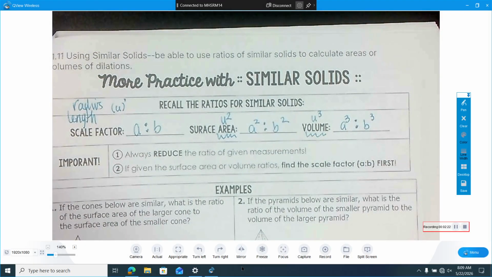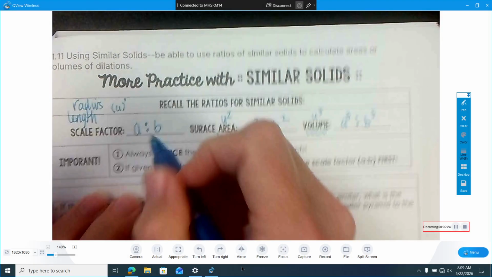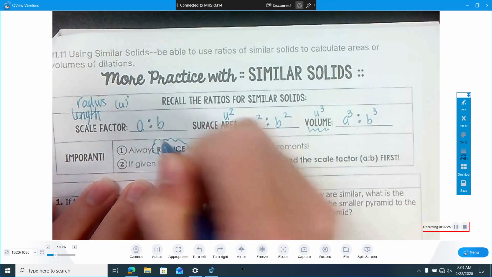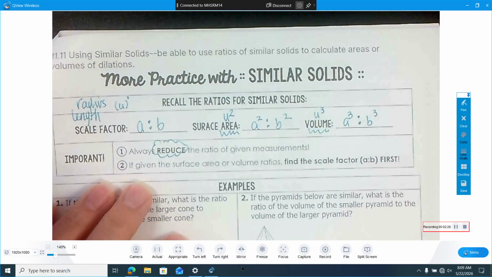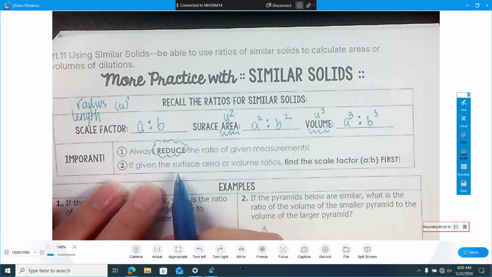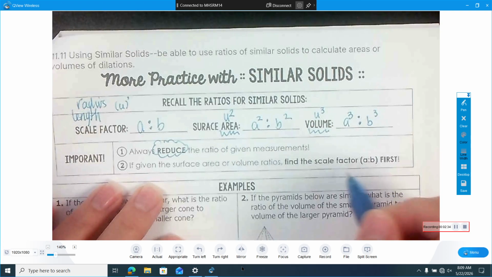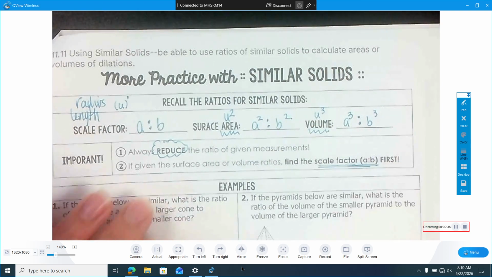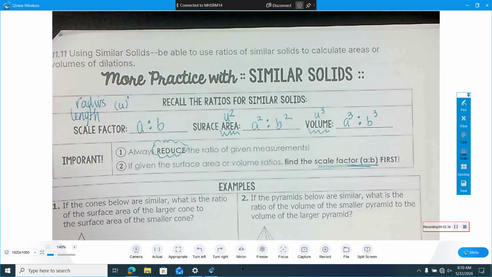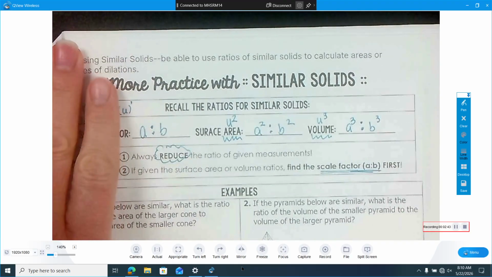And so some important things we're going to do here. We want to make sure that we always reduce the ratio. And then if we're given surface area or volume, we need to go back to that A to B scale factor first before we can go and do what's asked. So we always need to go back to what's A and B.